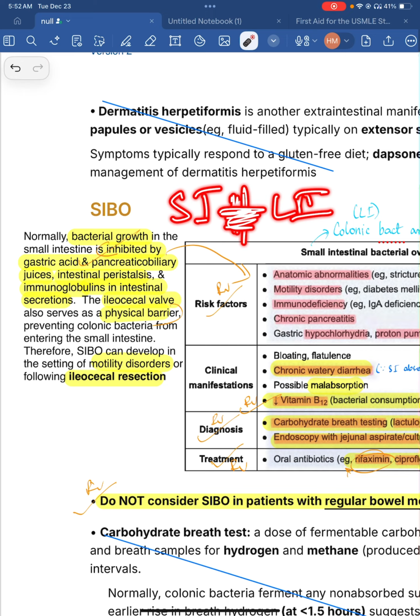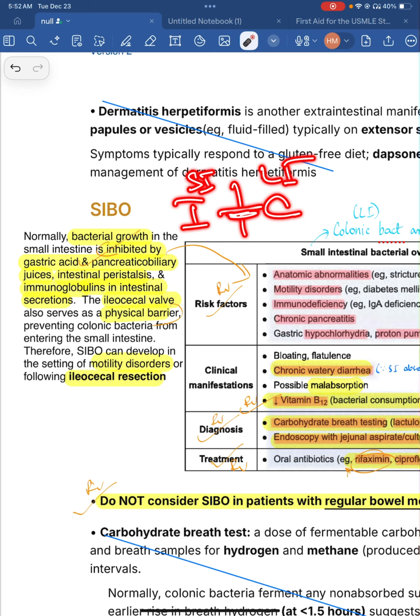So this is your ileocecal valve, between the small intestine and large intestine. The ileocecal valve is the physical barrier preventing colonic bacteria from entering. And hence, SIBO can occur when you have removed this valve, that is, ileocecal resection is done, or when there is a motility disorder.